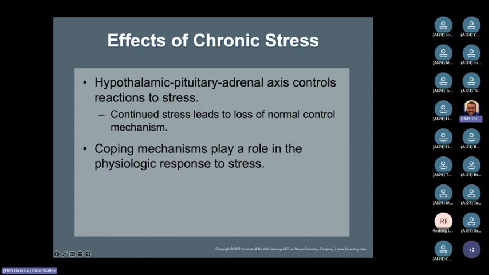A consistently high cortisol level suppresses the immune system, and coping mechanisms play a role in the psychologic response to stress. An effective coping mechanism can help a patient improve his or her immune system's response.